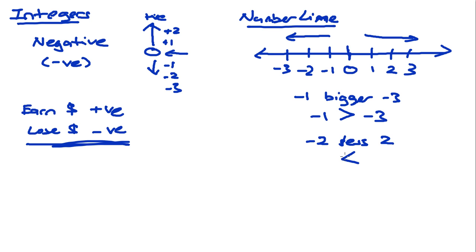An easy way to remember this is the arrow, the smaller side, is the smaller one. So it's smaller than, and on this side, the bigger end, so it's bigger than. So -2 is smaller than 2. We call these signs inequalities. And in the future, you will see signs like this as well.